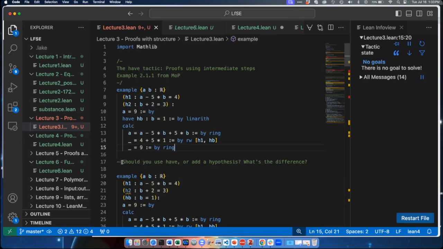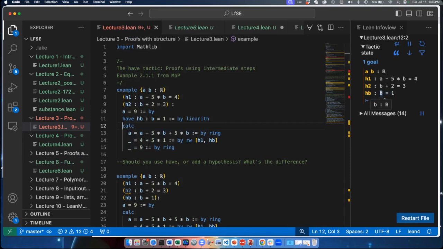Something that you might be thinking about is, after this have tactic, I have a new statement in scope. Why wouldn't I just start out by adding this hypothesis HB into my example? That seems easier, right?